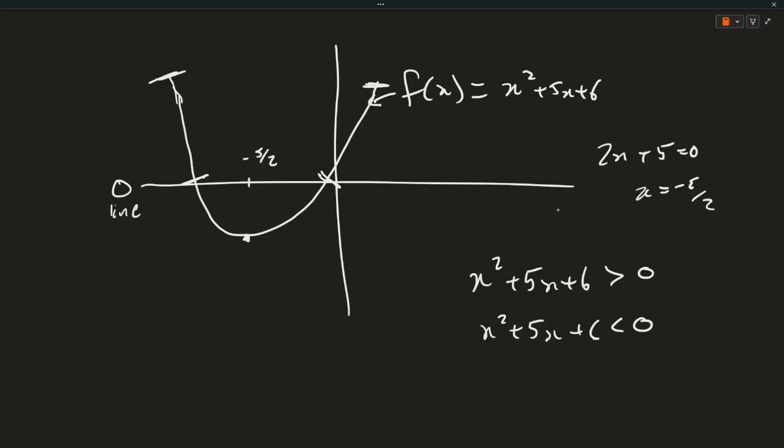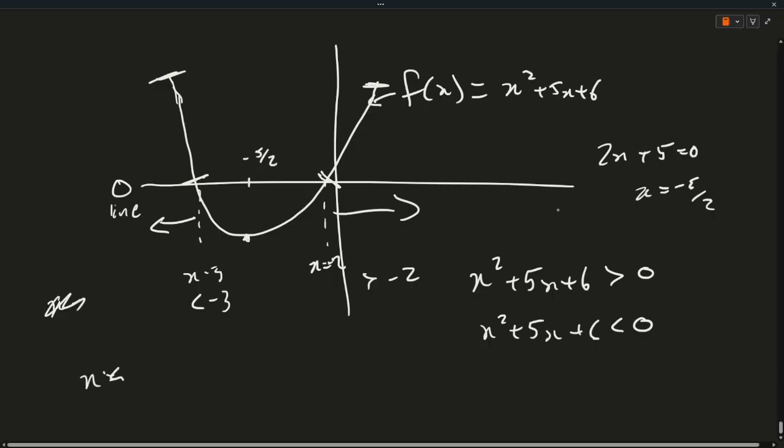So when this here is minus 3 and this here is minus 2, for it to be in one of these two areas, it has to be greater than minus 2 or less than minus 3. And that's our answer there. x is less than minus 3, x is greater than minus 2.